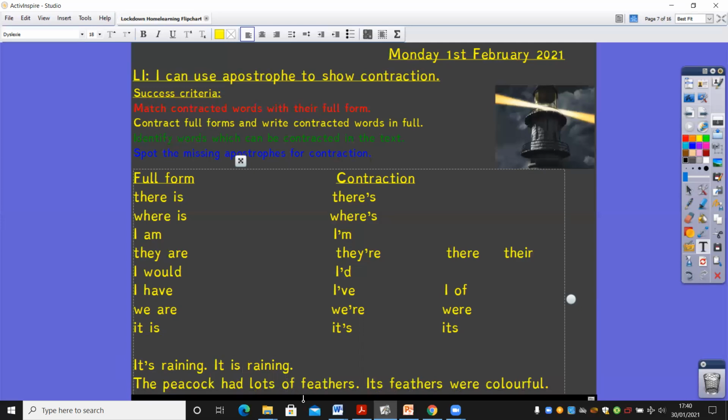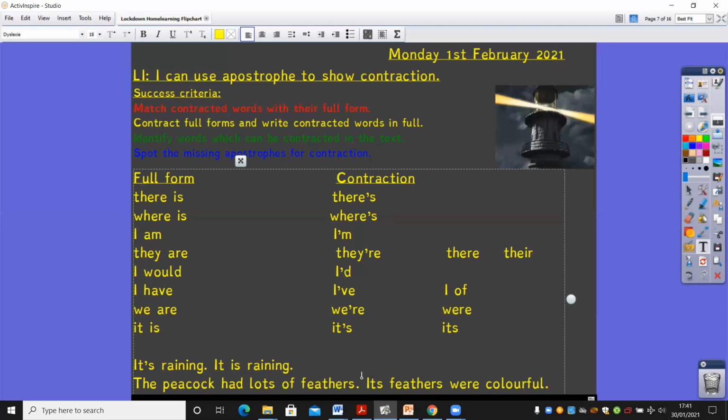However, let's have a look at this sentence. The peacock had loads of feathers. Its feathers were colorful. Now, children, can we replace its in this sentence with it is? Could we say it is feathers were colorful? No, we can't. That wouldn't make sense.